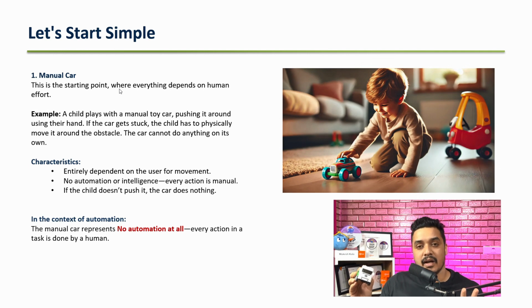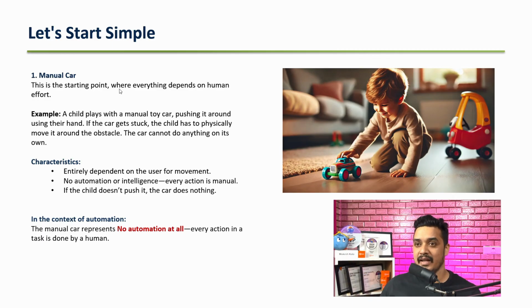Everything is done by a human as their task. So I'm going to office, I'm reading my emails, I'm working on my PDFs, I'm working on my files. Everything is manual. There is no automation, nothing. That is the example of a manual car. So till this point, this kid only has a manual car. Just stick to the story and you will understand agentic.